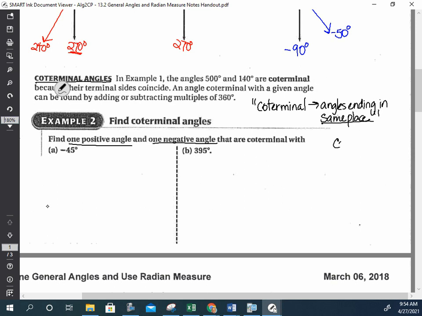So to find coterminal angles, I would make sure you write this down. For coterminal angles, you're either going to add or subtract 360 degrees, depending on what you need.